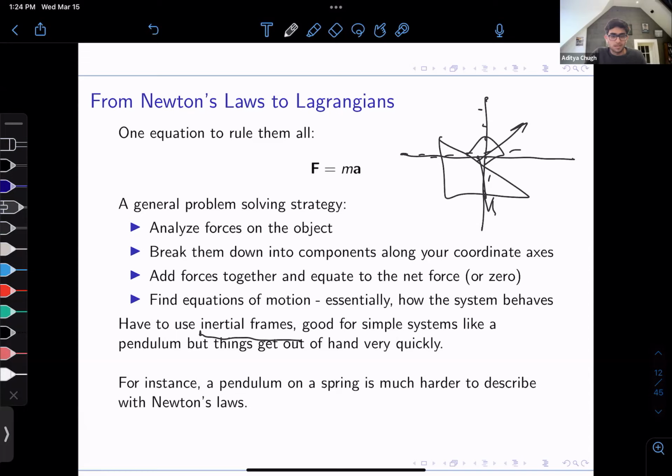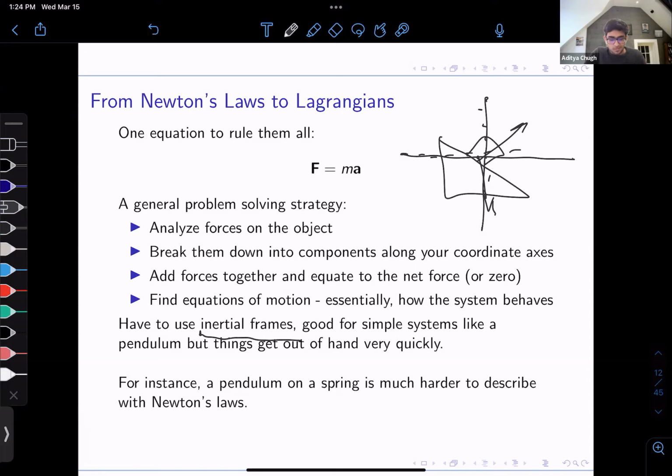There's no concept of acceleration there. The point is that there are restrictions on where these would give you the correct results, and where you might have to adjust some of the notions a bit to get the right answer. And then they're good for simple systems just like this. You can pretty quickly solve for the equations of motion.